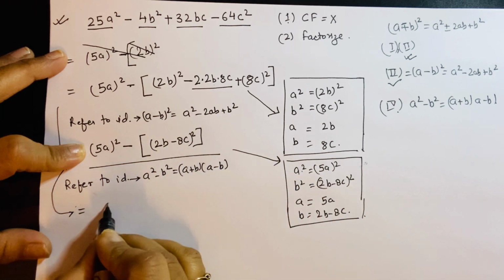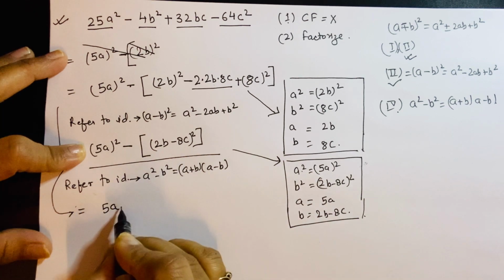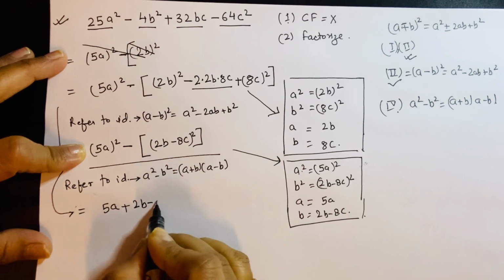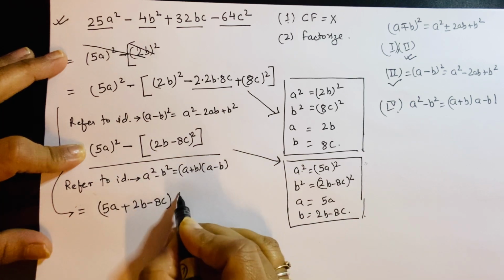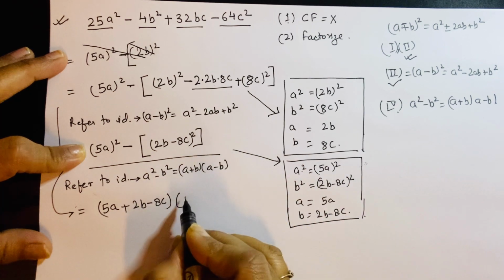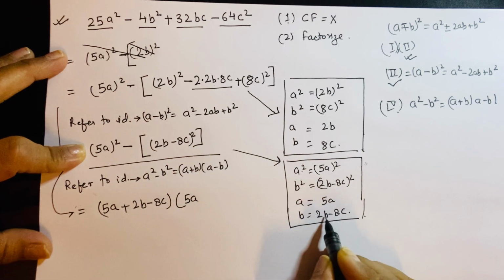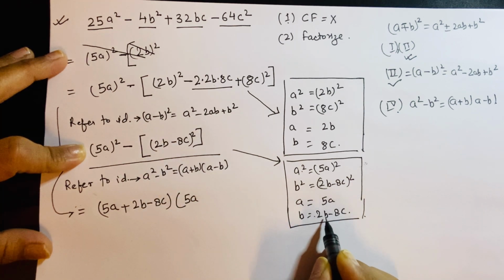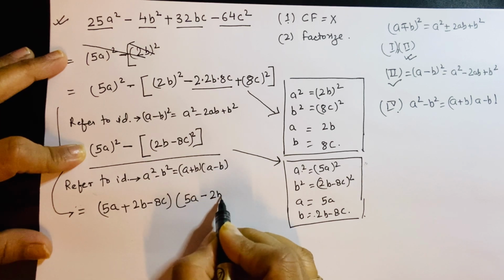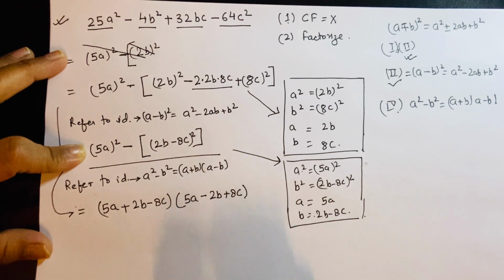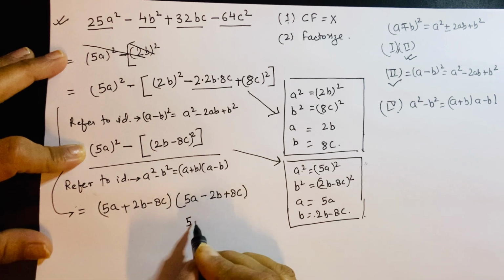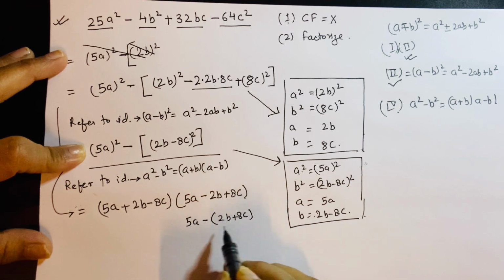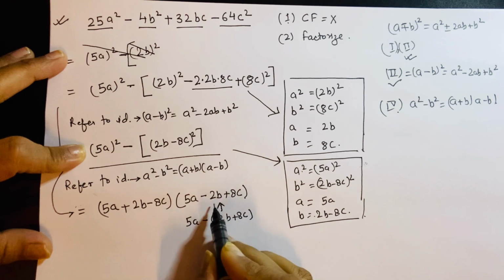So what is a? 5a plus b. What is b? 2b minus 8c. Close the bracket, and then a minus b. So what is a? 5a. What is b here? 2b minus 8c. So since there is a minus, it will become minus 2b plus 8c. Right? So 5a minus 2b plus 8c. When you open the bracket, you will get it.